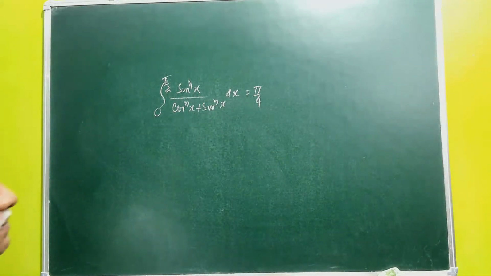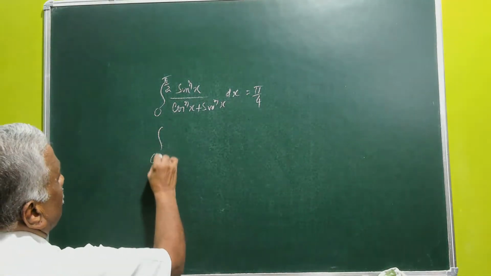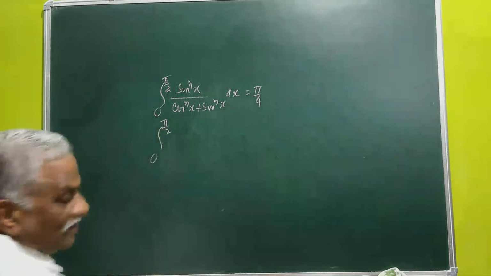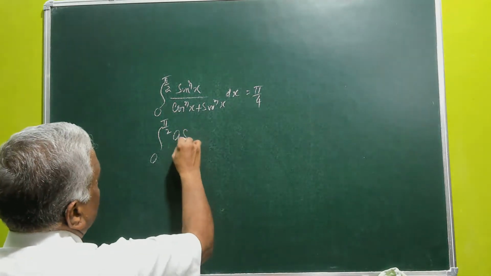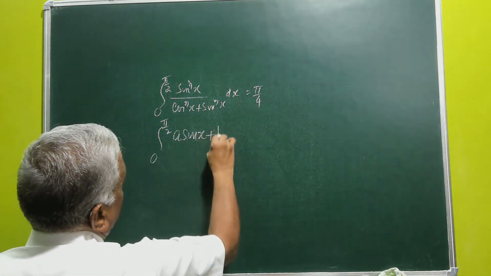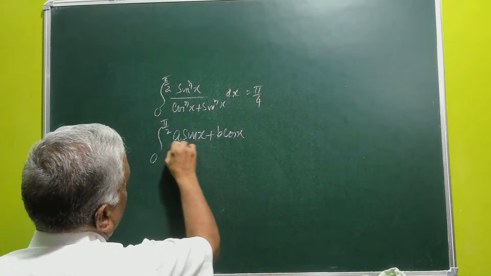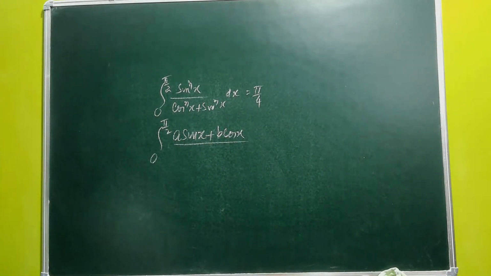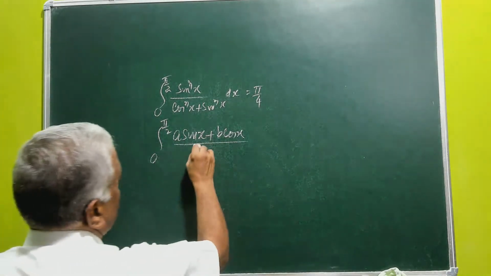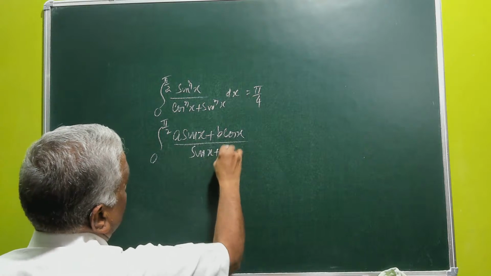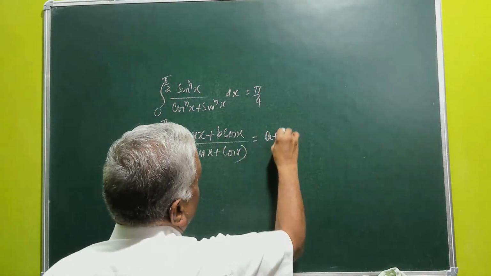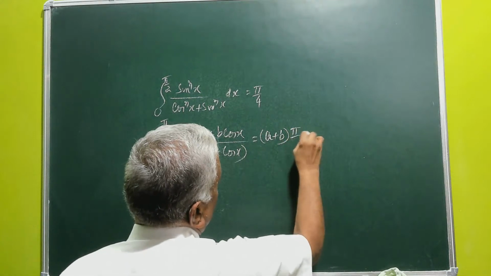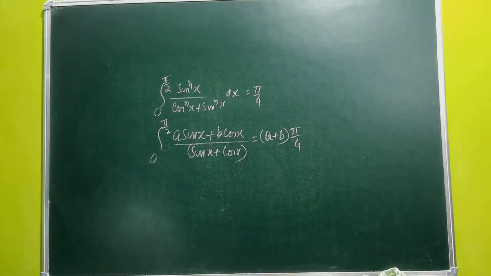Similarly, a problem can be given in the same form: 0 to pi by 2, a sin x plus b cos x over sin x plus cos x. Remember, the answer is (a plus b) into pi by 4. So they will give 3 sin x or 2 cos x, whatever it is.